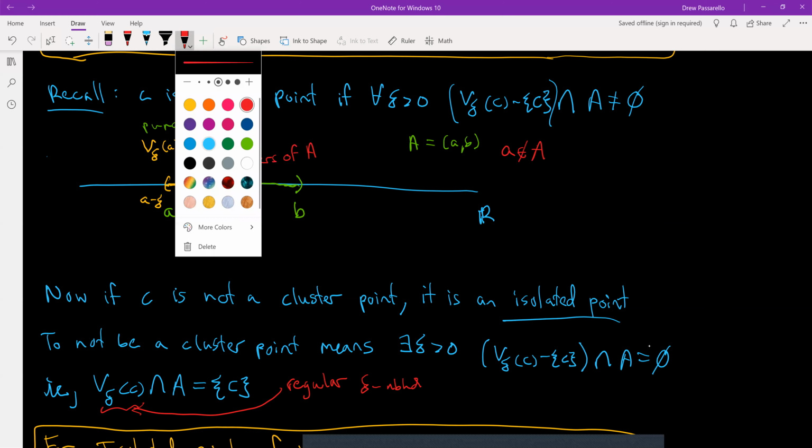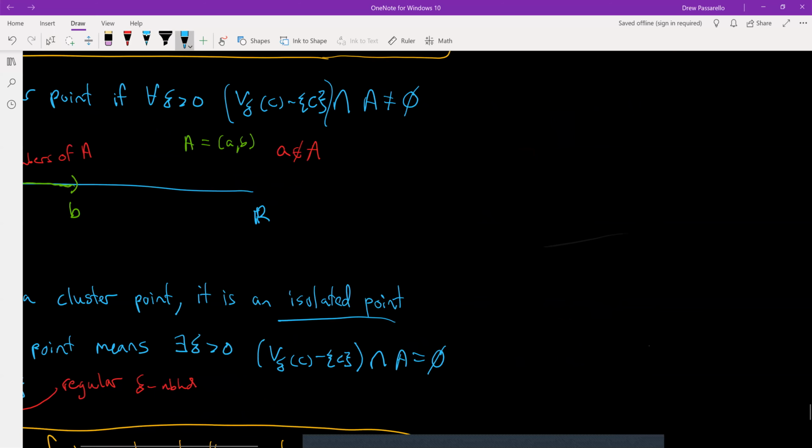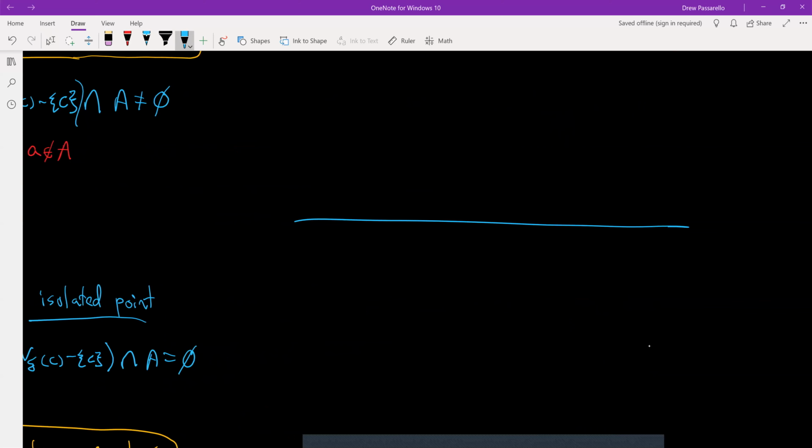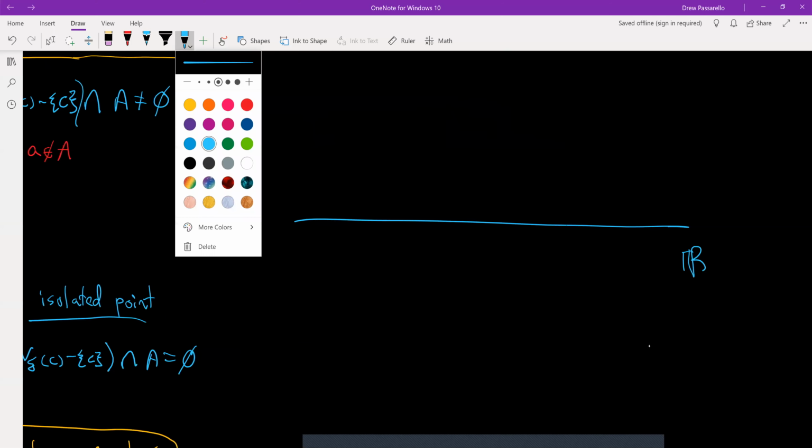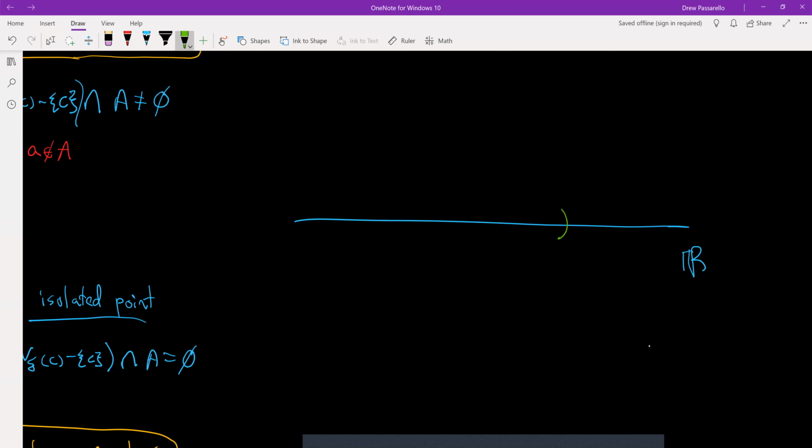And just as a picture, let's say that's my real number line. And we'll say this is A, and I'll give this endpoints a and b.